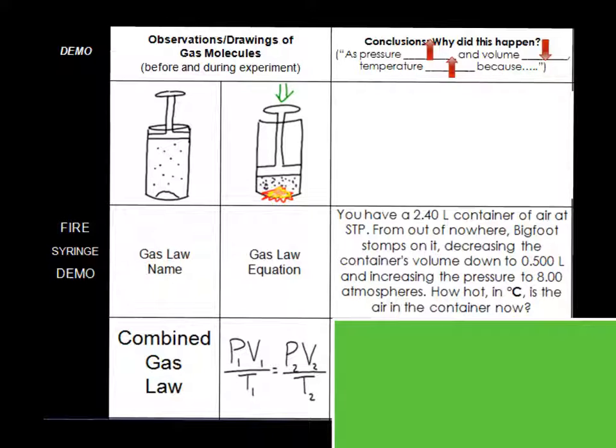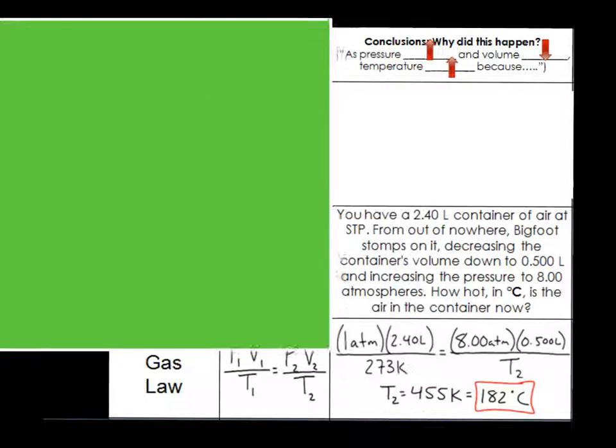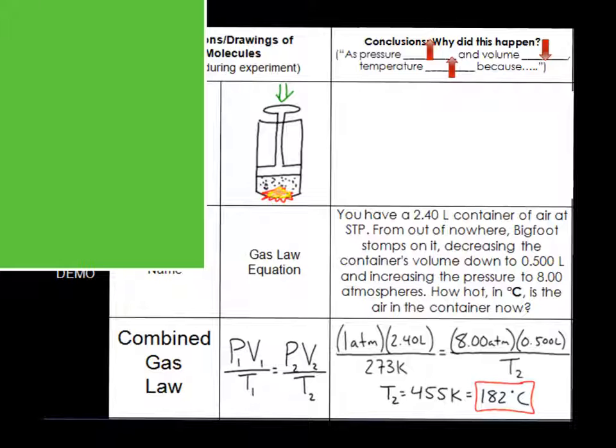Okay, so if we're going to plug this into our P1 times V1, we would have that 1 atmosphere times 2.40 liters. That's our initial pressure and volume. And we are dividing that by our initial temperature of 273. And that's going to equal our final pressure, 8 atmospheres, times our final volume divided by T2.